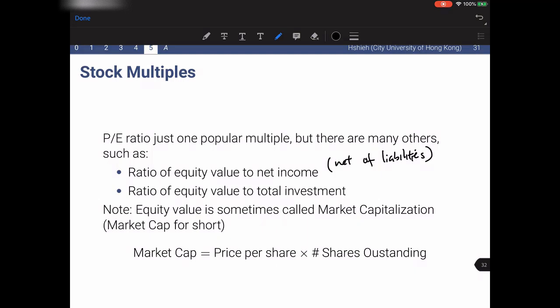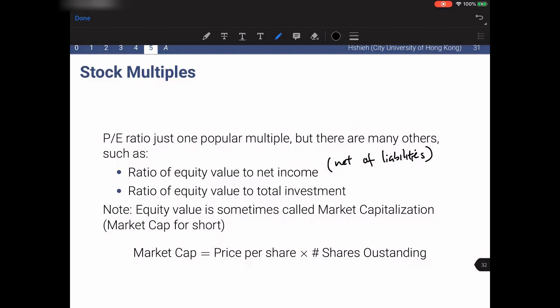It can be the number of employees. It doesn't matter. The idea here is that firms operating within the same industry who have similar, perhaps leverage ratio, and so on, should have very closely similar company multiples. Perhaps not stock multiples, but maybe enterprise value multiples.